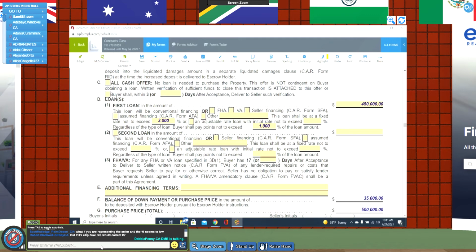We could, but I'm explaining it to them, and I've never had one come back at me and say, oh, let's just leave it at whatever. I tell them we do a little buffer here, just in case the interest rate goes above. It's not much of a buffer, it's just a buffer. I've tried to explain it, and it's hard for me to explain because I guess I don't get it.